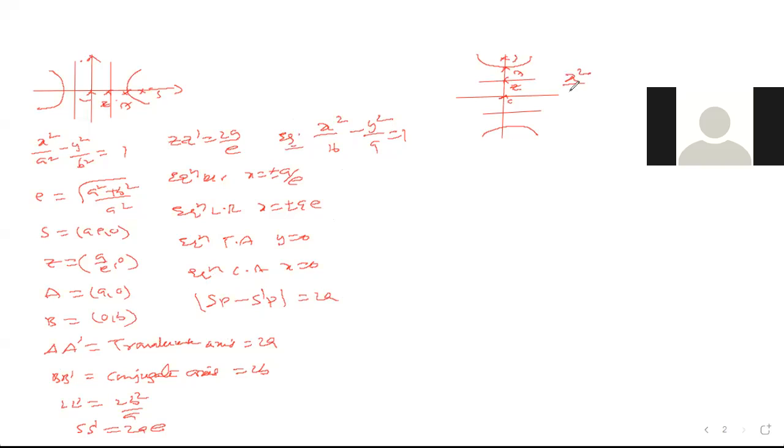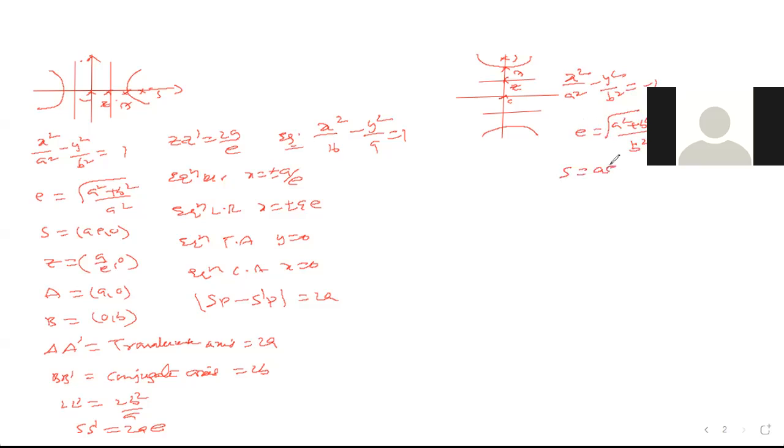Meanwhile, I would like to write this: x square by a square minus y square by b square is equal to minus 1. What is different here? Here the condition is different, that we have to use.